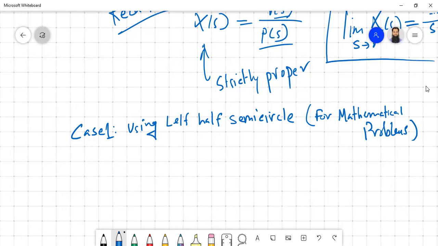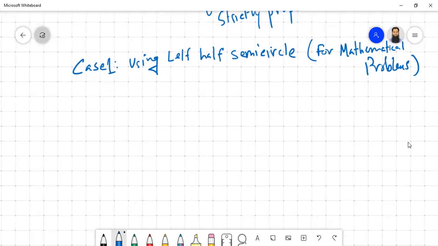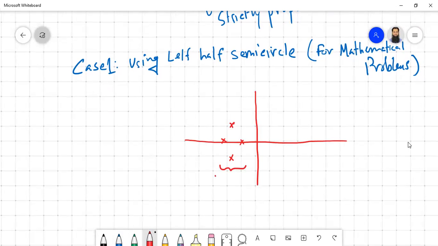So now what we actually want to do is draw a semicircle. We have to draw the diagram first, then we'll try to explain. Okay, so these are the poles, arbitrarily of course, the poles of XP.